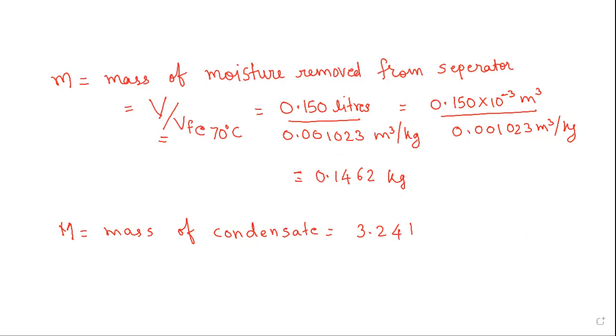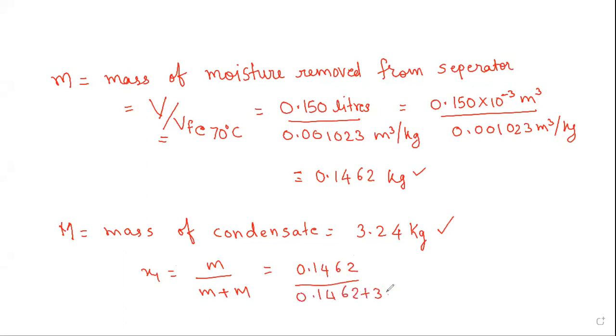Okay, so what is x1? x1 is m upon m plus capital M. So using these values of capital M and small m, you would get the value of x1 as 0.1462 upon 0.1462 plus 3.24.